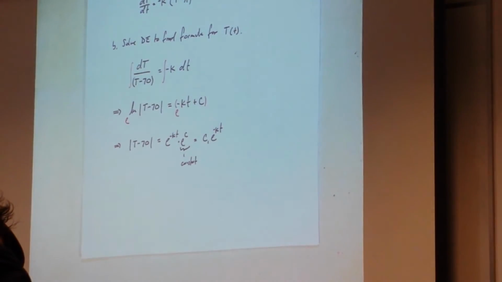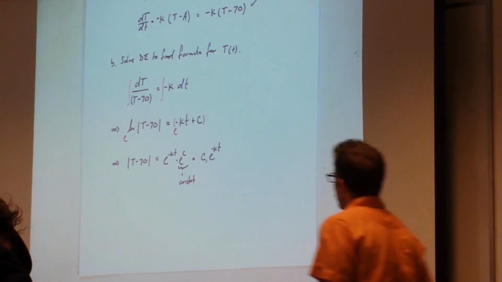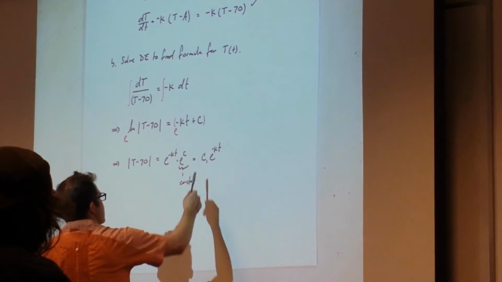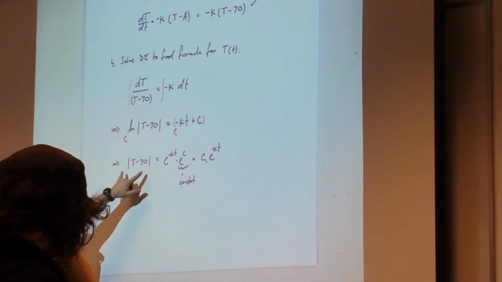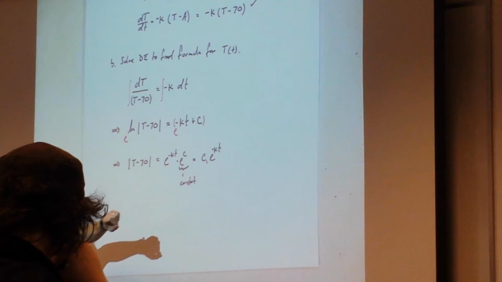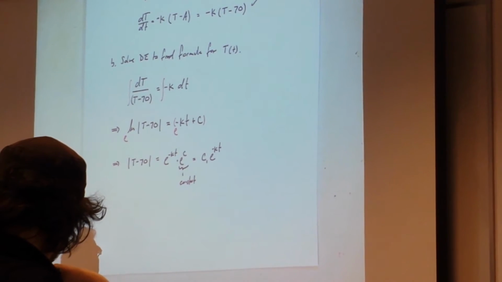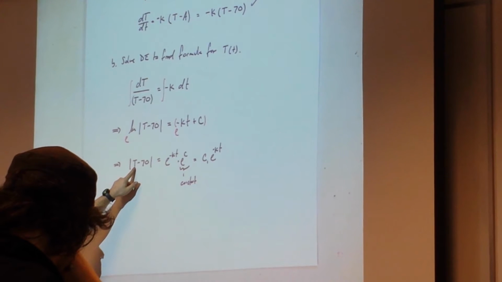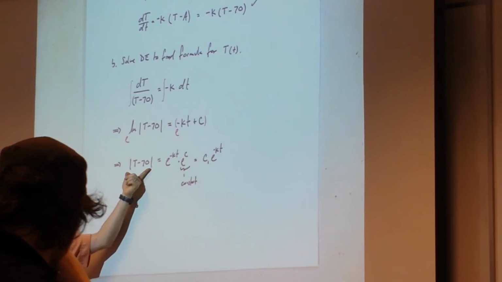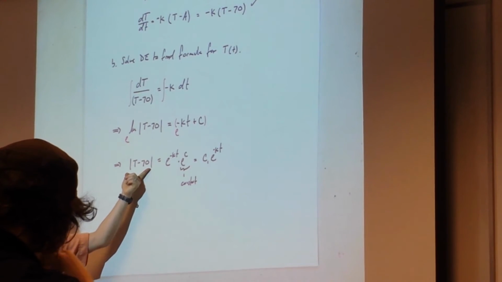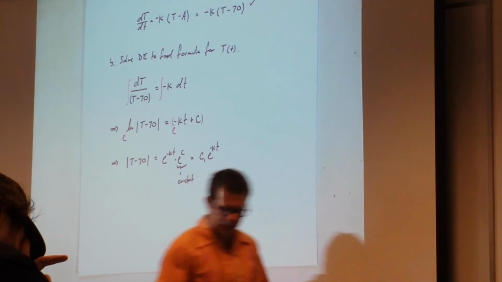Okay. Now we can make an argument here that if I want to try and find any of these constants, I have an absolute value here, but what's the initial temperature of the coffee? 130. 130. So 130 minus 70 is a positive number, and these absolute values are unnecessary, because this will always be positive.